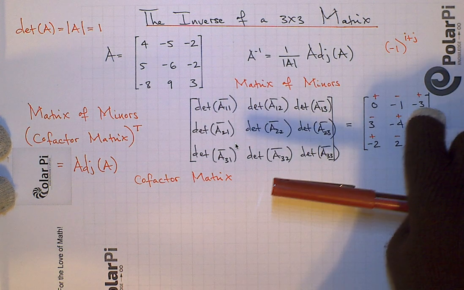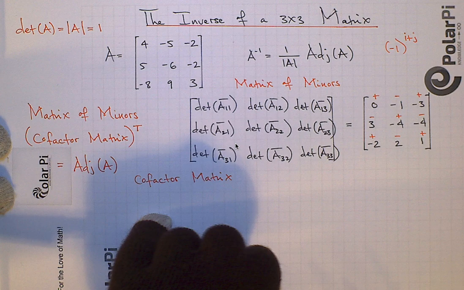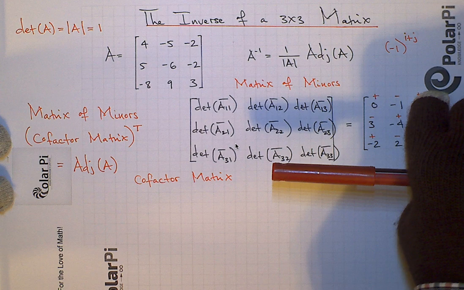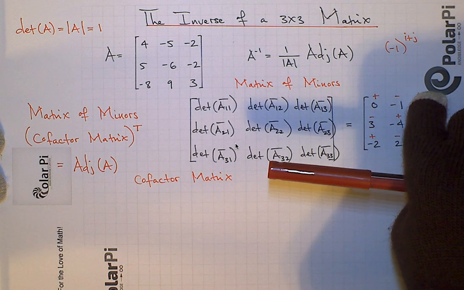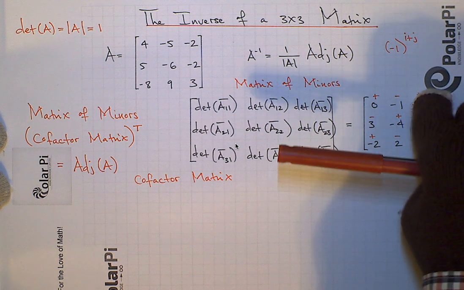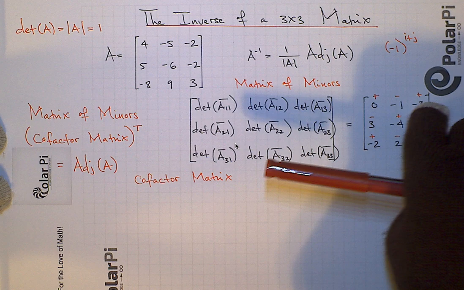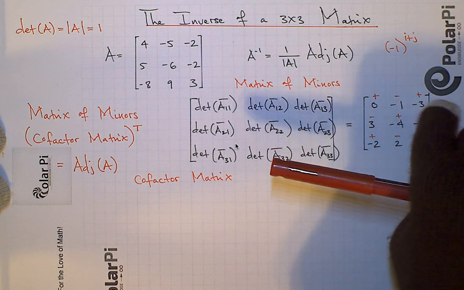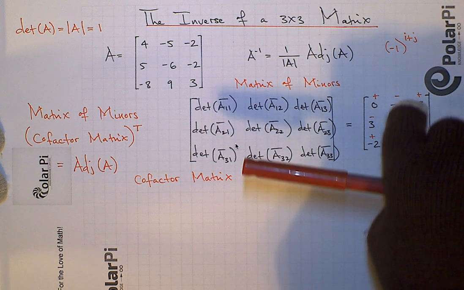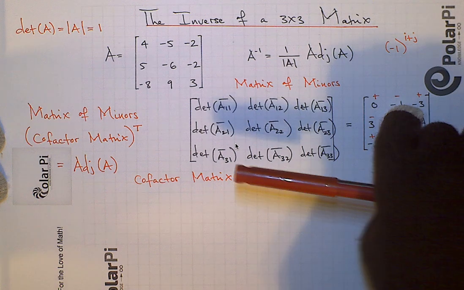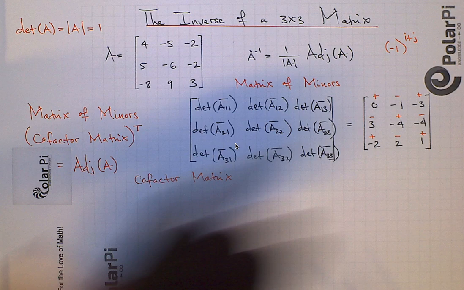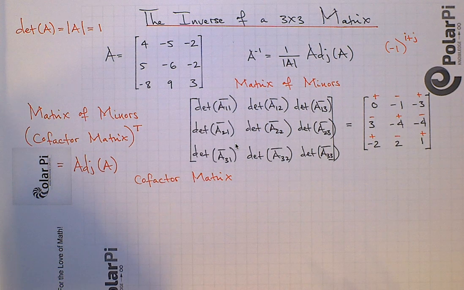For example, that -3 stays a -3 in the cofactor matrix because that's a positive 1 right there, that plus right there, because it's -1 to the power of, what would it be, 1 plus 3, so that's -1 to the 4th, which is +1, which is why I wrote a plus there, and therefore I do not do anything to the entry of the matrix of minors, because that plus there doesn't affect the -3, whereas this minus right here above the -1 changes this -1 into a +1 when we move to the cofactor matrix. So that's all you have to do to the matrix of minors to get to the cofactor matrix.